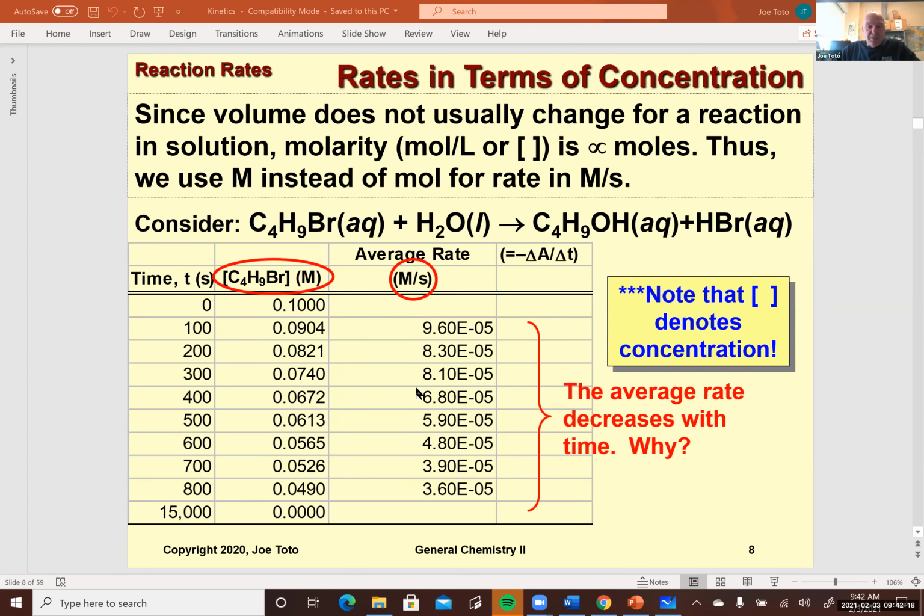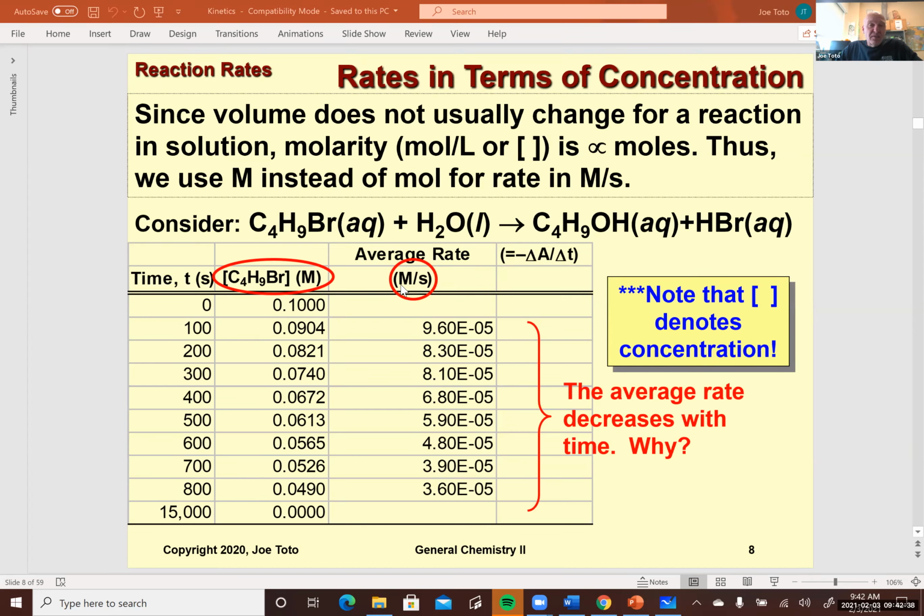That's just dividing by the volume, which is usually constant in any reaction that takes place under atmospheric conditions in the laboratory. So that was just a little change of our equations.